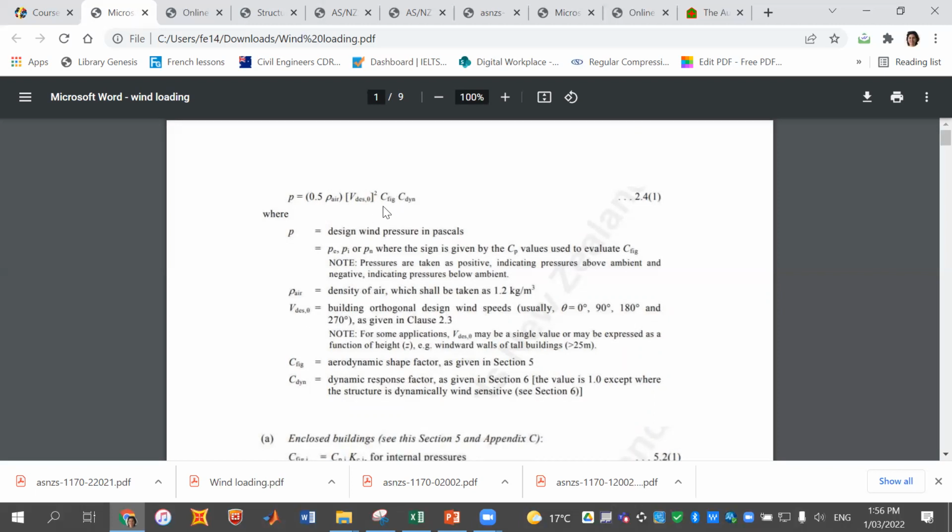And then we have C_fig and C_dyn. C_fig is an aerodynamic shape factor, defined in section 5, and C_dyn is a dynamic response factor as given in section 6.